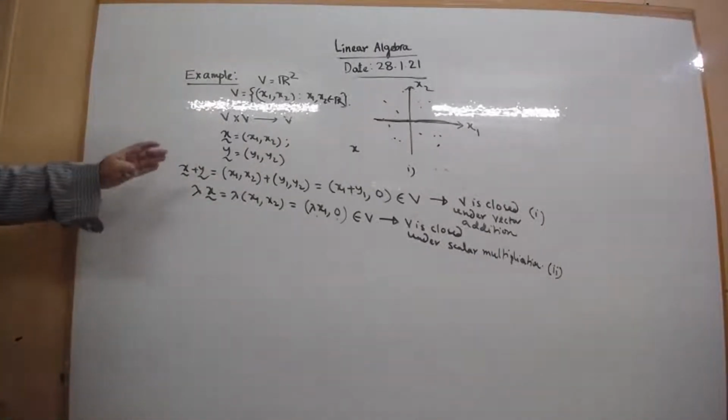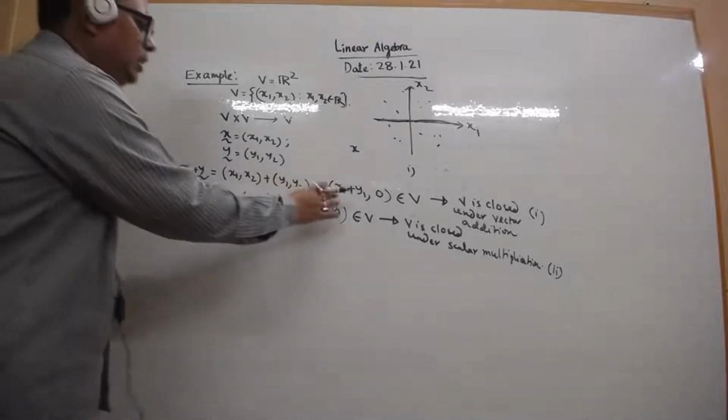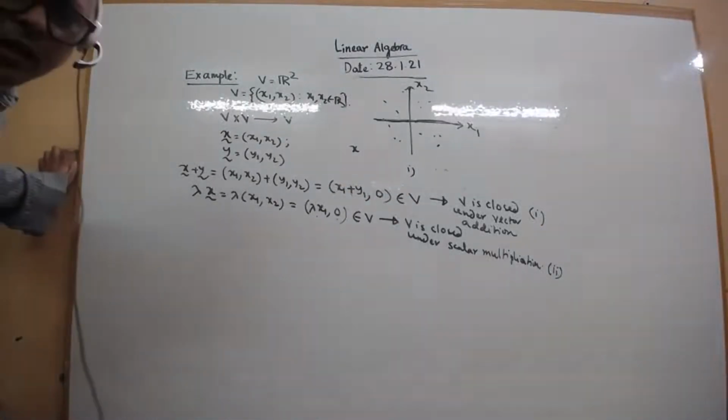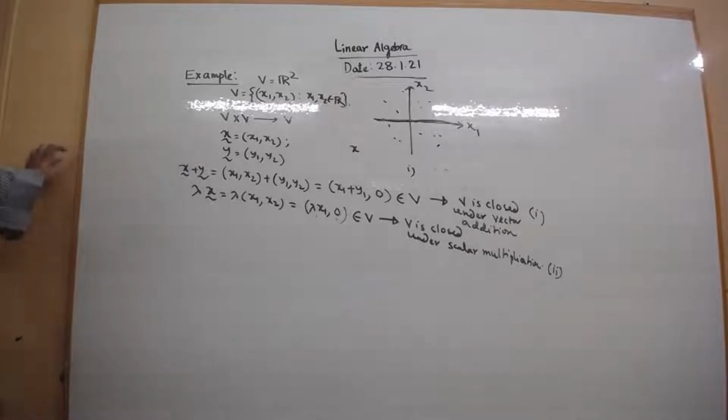If you define vector addition and scalar multiplication as follows, then property 1, that V is closed under vector addition, and property 2, that V is closed under scalar multiplication, are satisfied.